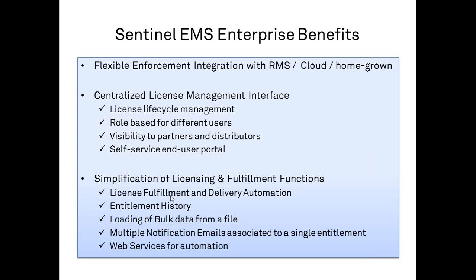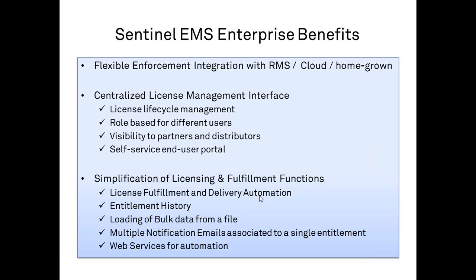Other things are license fulfillment and delivery automation. This means that once you have a license ready for your end user, you can make sure that it will be automatically sent using email. And you can also have emails sent to your end user saying, we want to offer you another functionality of our application because you don't use it and we think that you can use it.